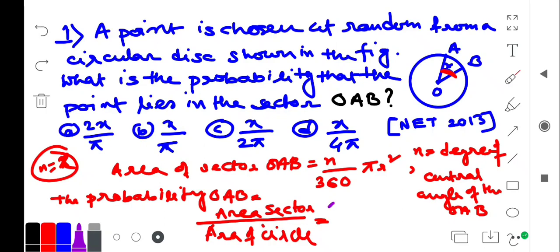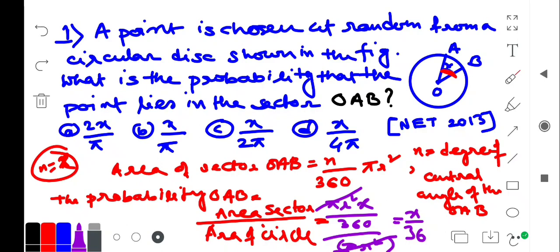That is pi r square x by 360 degrees, by pi r square. The pi r square will cancel, so ultimately it is x by 360 degrees. How can we write this? Equal to x by 2 pi, because pi equals 180 degrees, so 2 pi equals 360 degrees. The option is C. C is the correct answer.